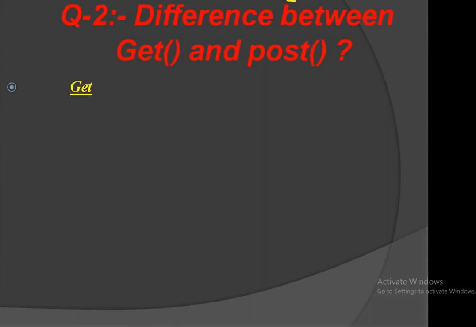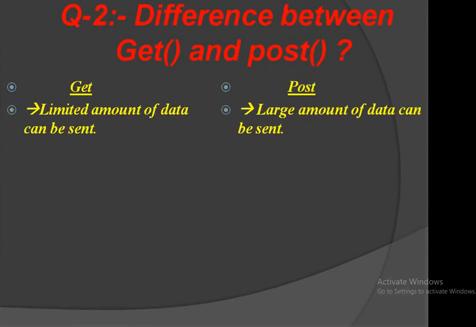The next question is, what is the difference between GET and POST methods? The first difference is that through the GET method we can send only a limited amount of data, but with POST a large amount of data can be sent.